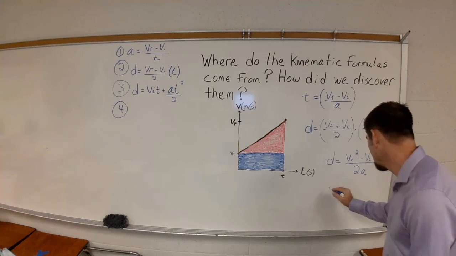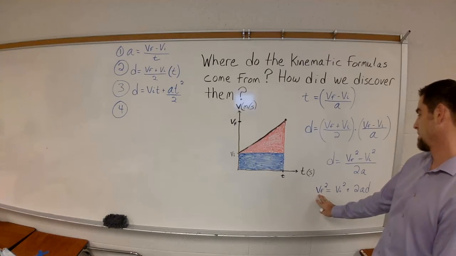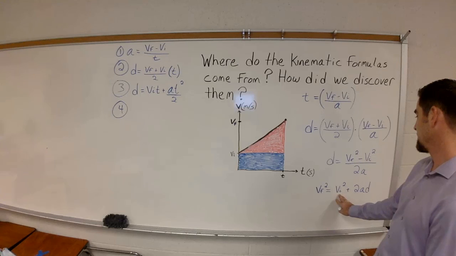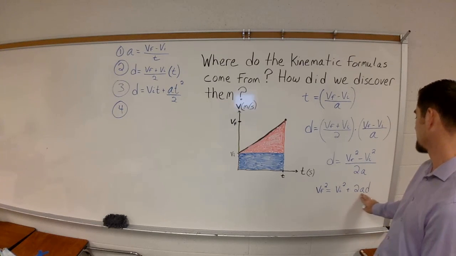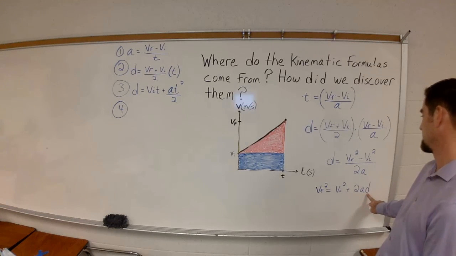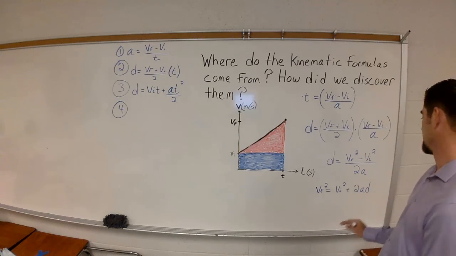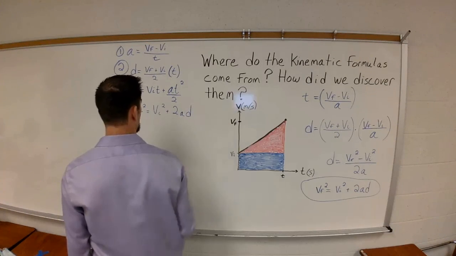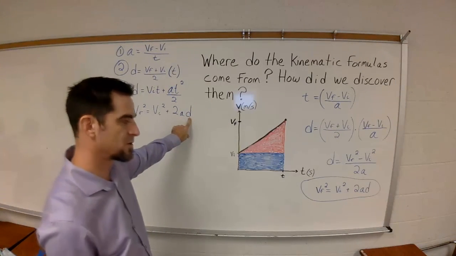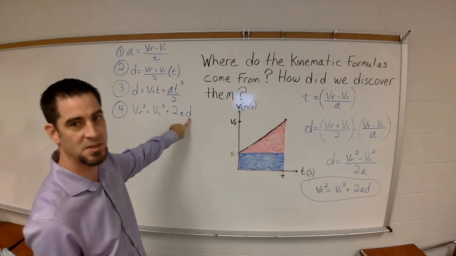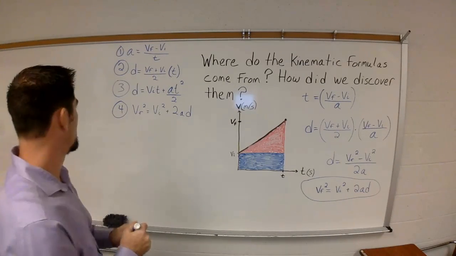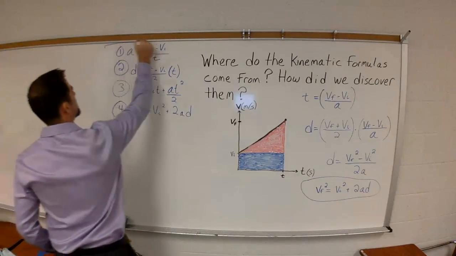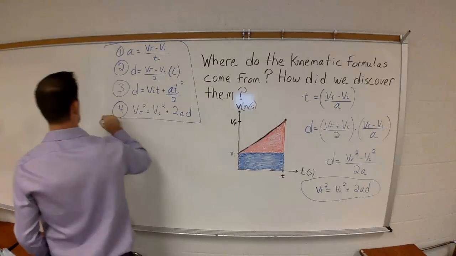That's going to give us final velocity squared is equal to the initial velocity squared plus 2 times acceleration times distance, or displacement. That is our last kinematic equation. Remember, d stands for distance or displacement, and that can also be delta x or delta y. And that is how we derive all 4 kinematic equations.